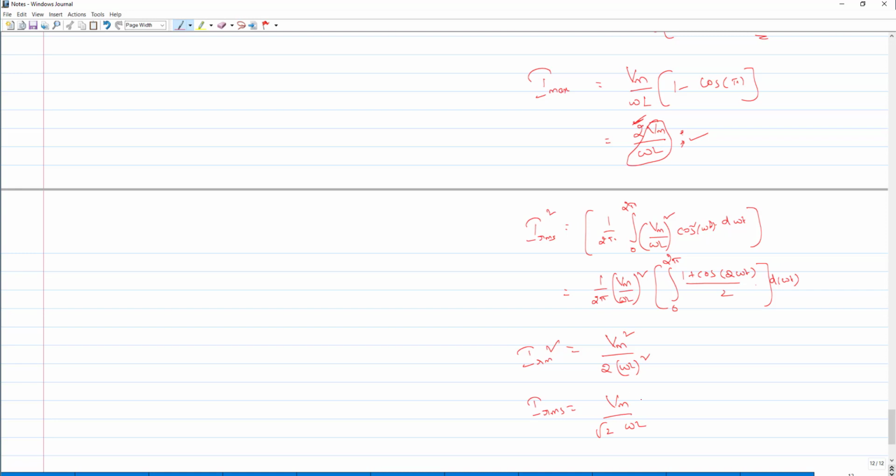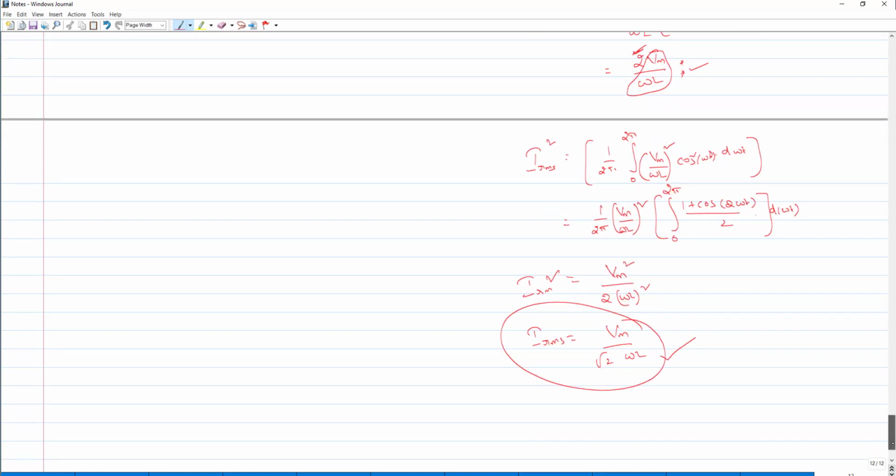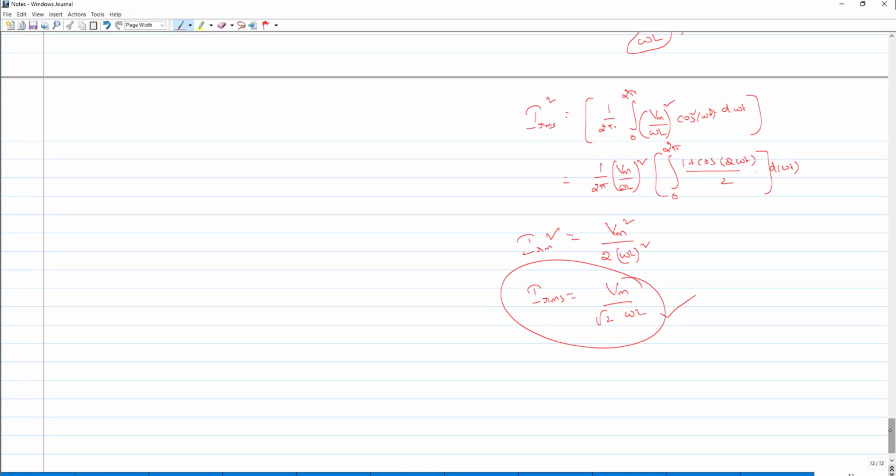So this is IRMS, and the I average you also found out. The total current is the sum of the DC component as well as the AC component. So it is the root of the mean of squares: I naught square plus I1 RMS, I2 RMS, something like this. So this is square.